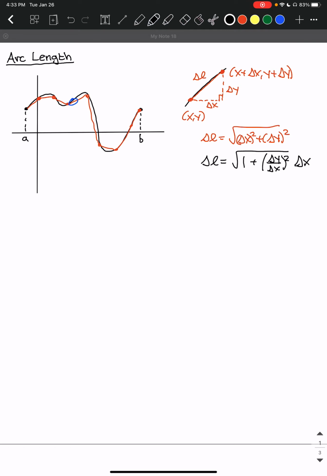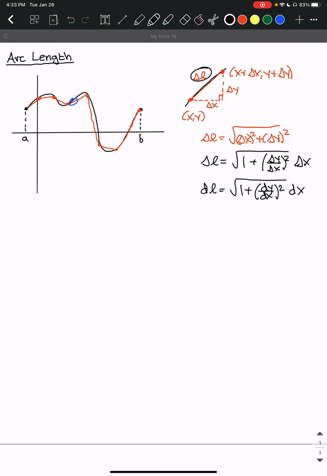And then, as we know, if we get this precise enough, we can actually turn these into differentials, which would be dL is equal to the square root of 1 plus (dy/dx) squared dx. And that's going to give us very accurately the length of this curve here.